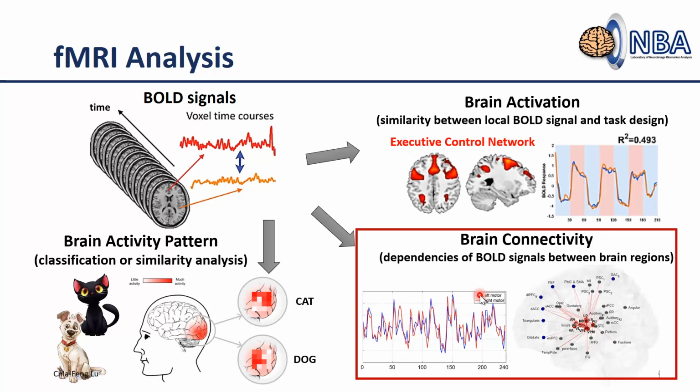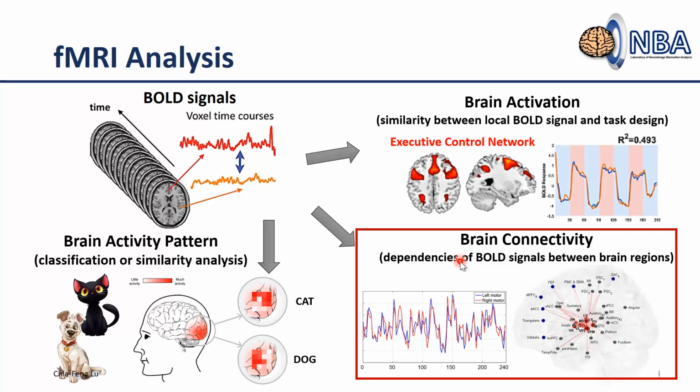In general, brain connectivity is an approach that measures or estimates the dependencies of signals between brain regions or between voxels. You'd like to find out whether a cluster or a group of voxels may exhibit a similar pattern. If yes, you may gather them into one network to say they may collaborate with each other to fulfill the brain function.